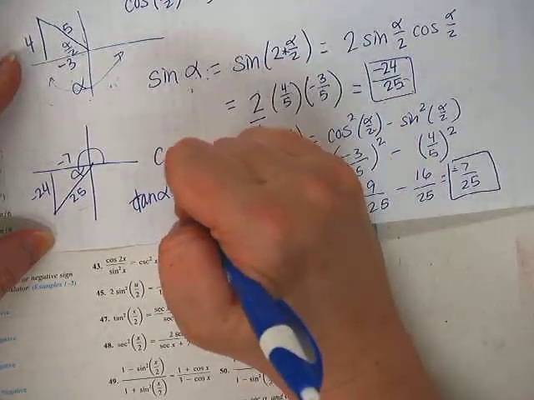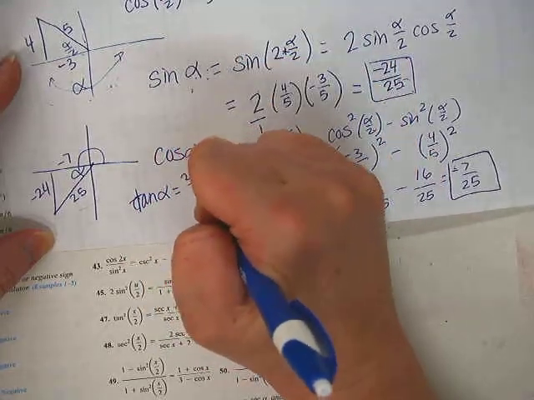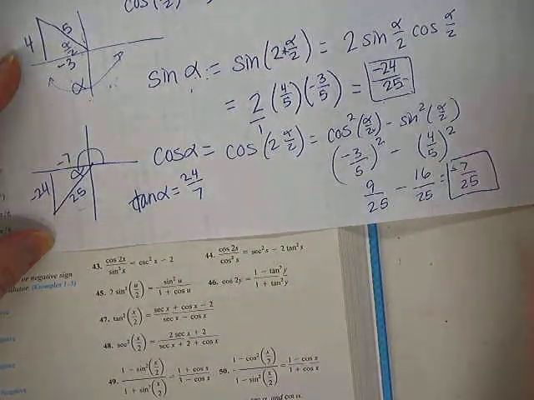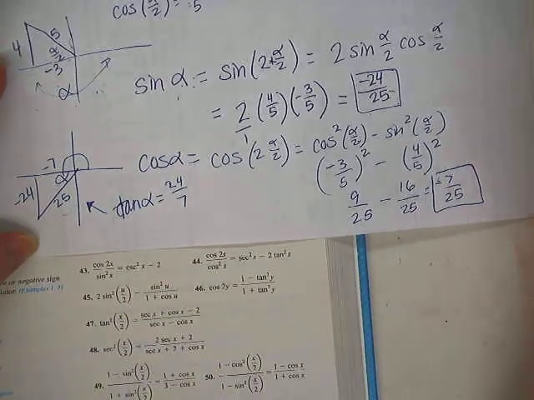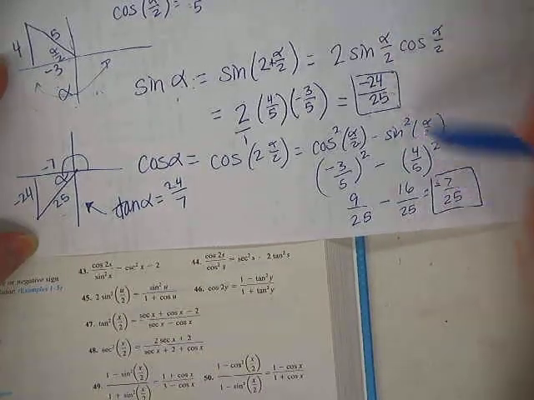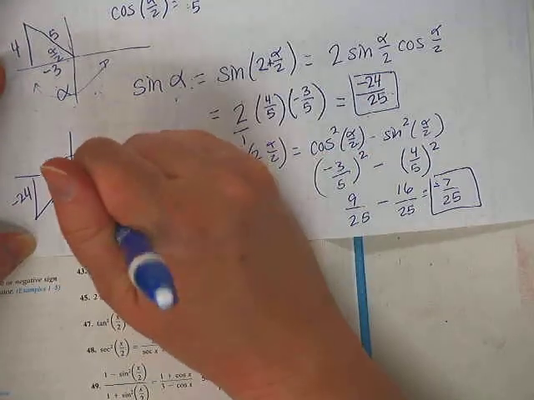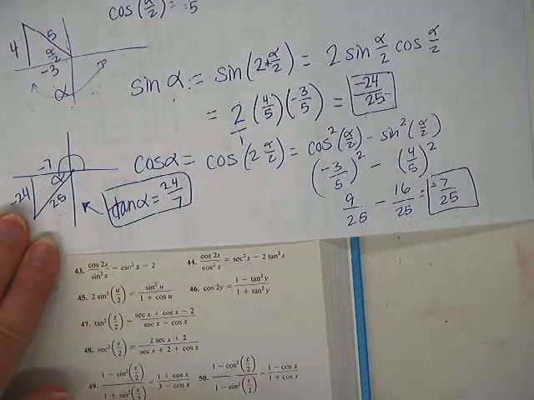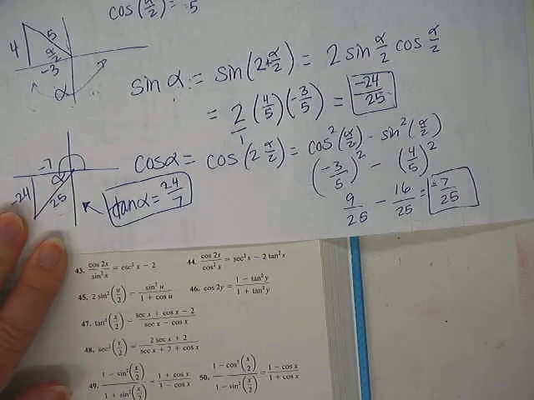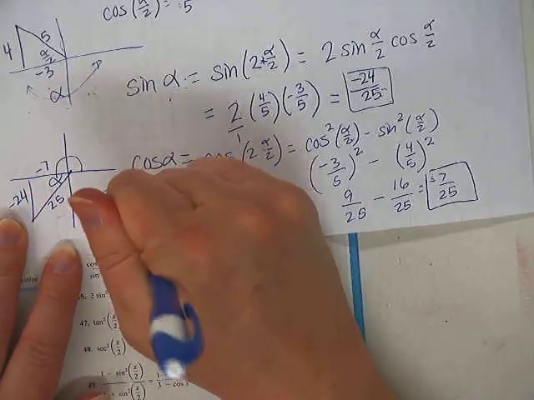So now we can just use the picture to find the other stuff if we want. So tangent of alpha would be positive, what, 24/7? Right? Using the picture? Where did I get the picture from? I used the two answers I just got to figure out what quadrant and sketch my picture.